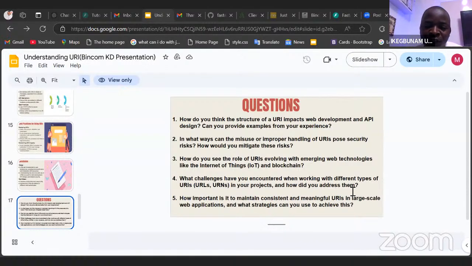Just the question: how important is it to maintain consistent and meaningful URIs, that is Uniform Resource Identifiers, in a large-scale web application? I think this one is simpler this way.